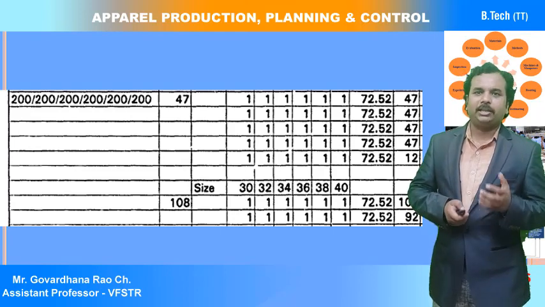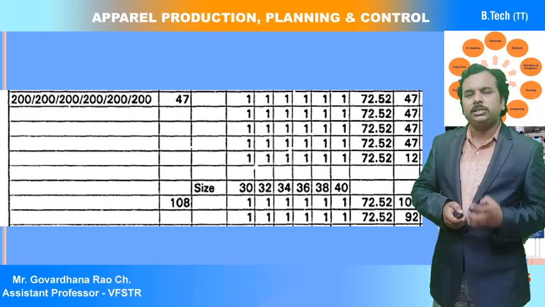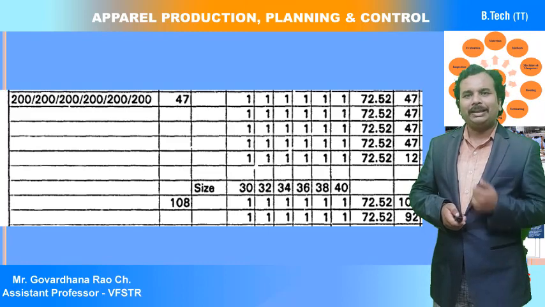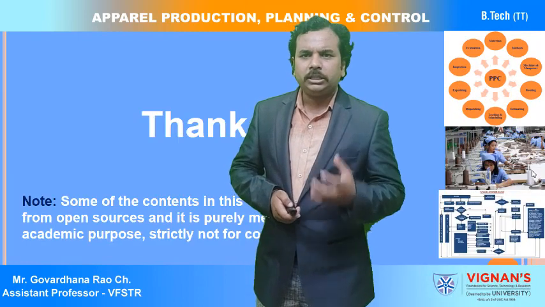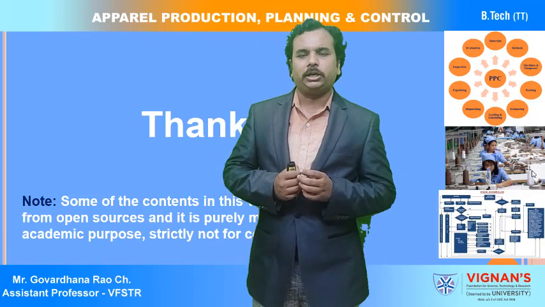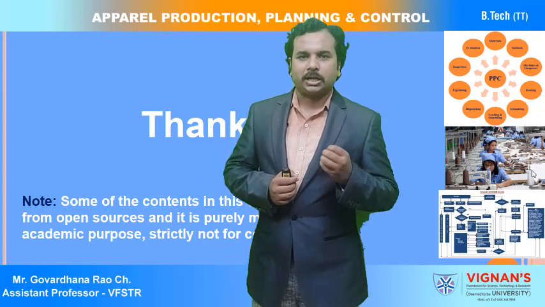These are a few examples, and you can just practice the layout planning examples so that you will understand more. This is how we can plan the layout for the ordered quantities given by the customer.